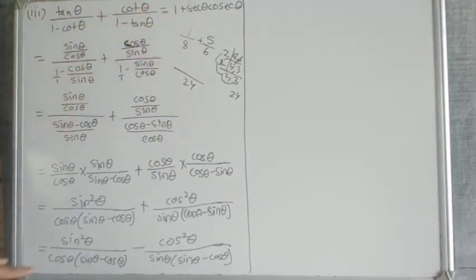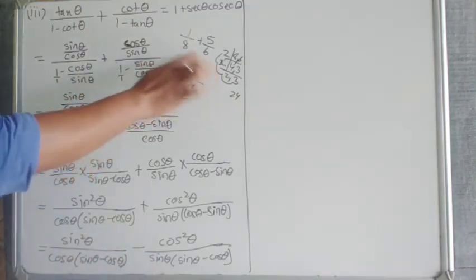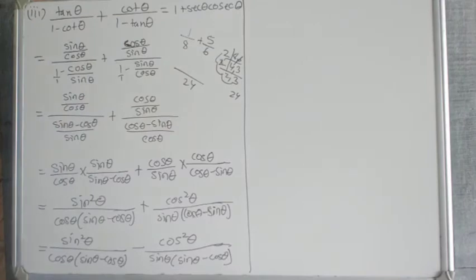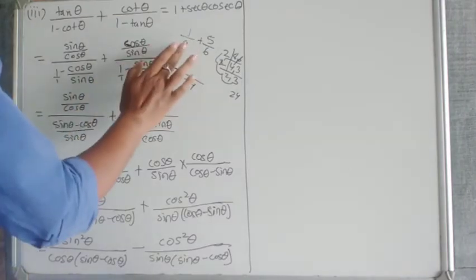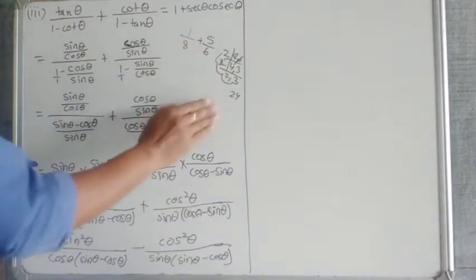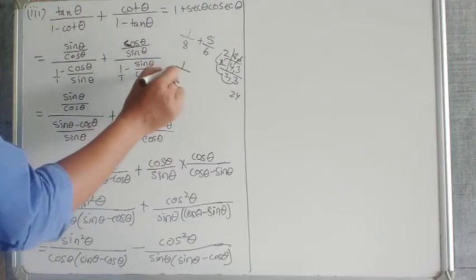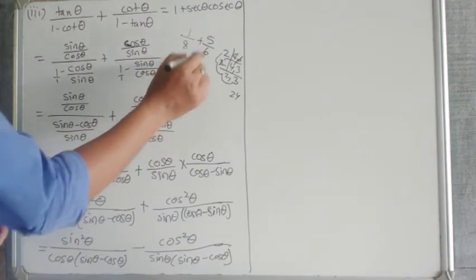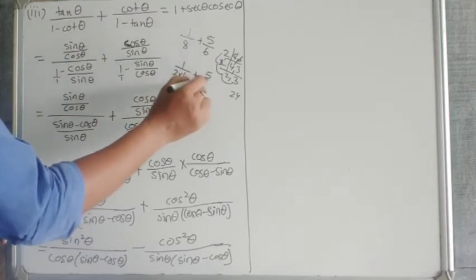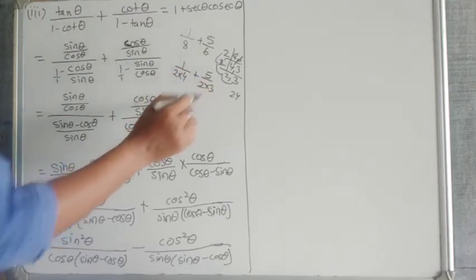Same thing we will have here also. Whatever is the same, we will not include again in the LCM. Suppose I break them into numbers so that it will be easy for you to take the LCM. So 1 by 8 can be written as 1 by 2 into 4, plus 5 by 2 into 3.